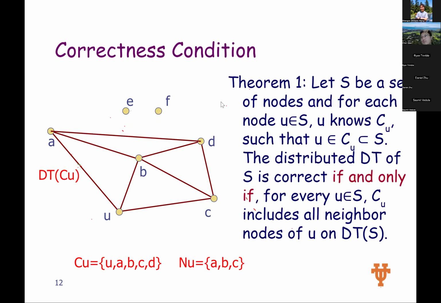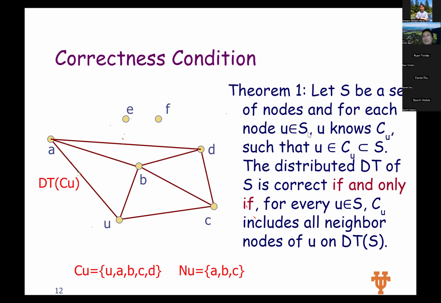Okay, so we have theorem 1. Let S be the set of nodes, and for each U, which is one node in S, U knows its candidate set CU, and obviously CU is a subset of S. No problem with that, right?